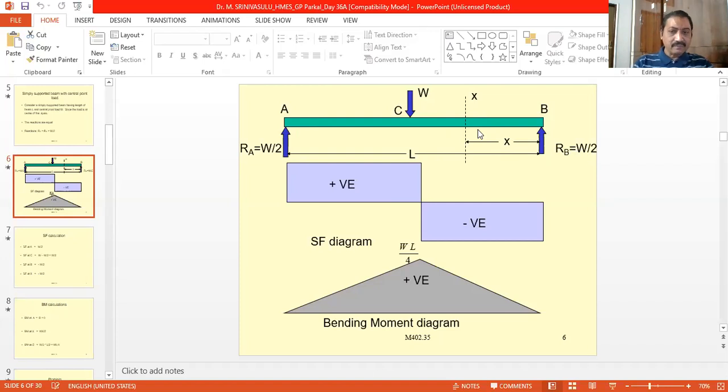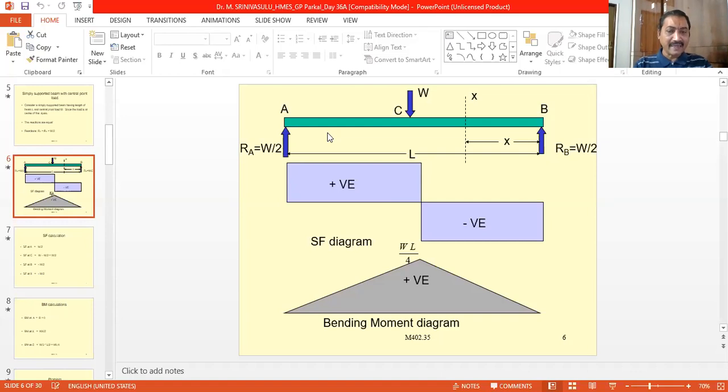And moreover, after the point C there is no other force acting. So the same force acting at point C, that is plus W by 2, will remain constant after point E. So by considering the forces to the right of the section, the shear force acting at point A is equal to plus W by 2.